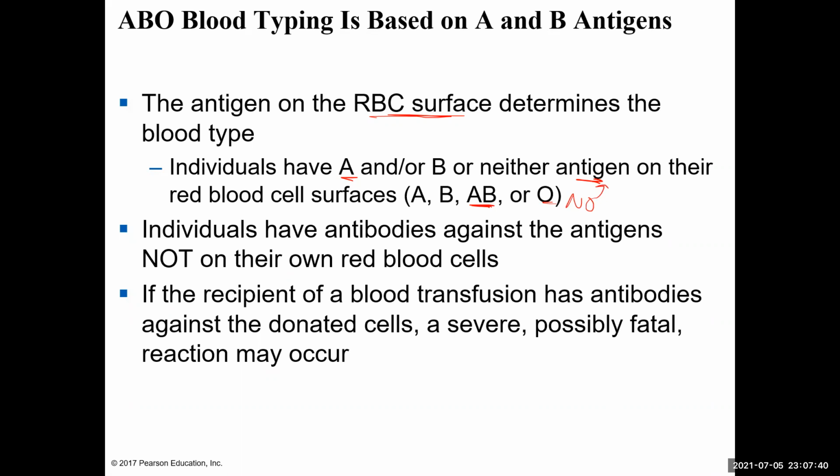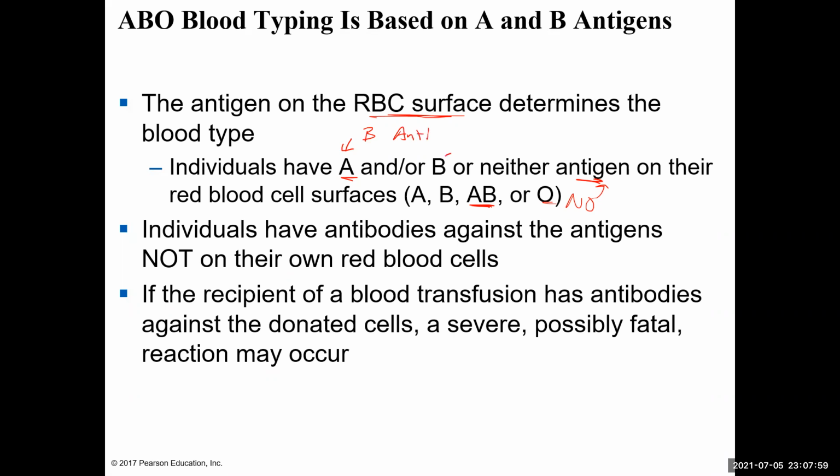Whatever antigen you have, your body will make an antibody for the opposite antigen. So if you have A antigens, your body will make B antibodies.